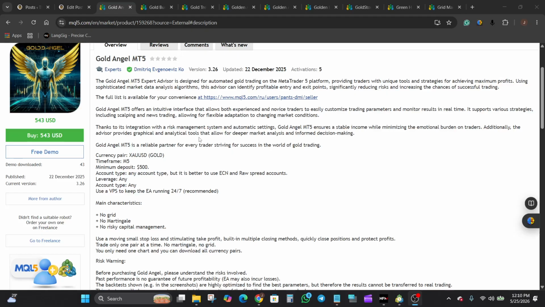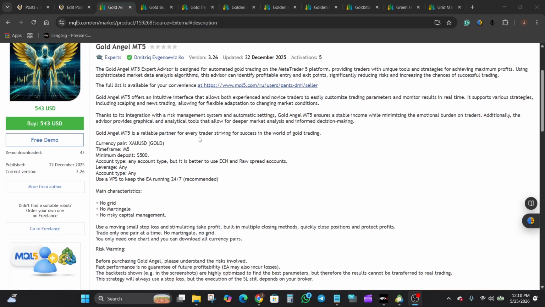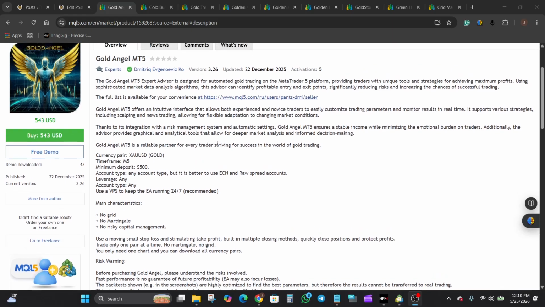One important point here is that it is built with a focus on risk management, and it clearly states there is no greed and no martingale. So that is something many traders usually look out for when evaluating EAs.